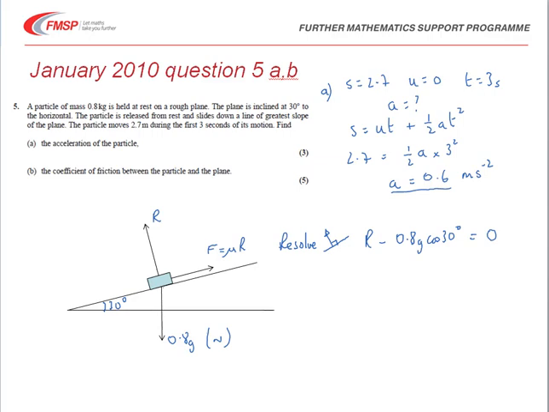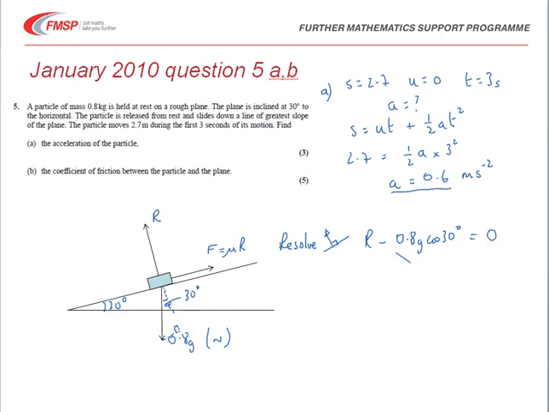The cosine 30 degrees comes from the fact that the angle here is 30 degrees, and we want the adjacent side, if you like, of this little right angle triangle I've just drawn in there. So 0.8 g cos 30.